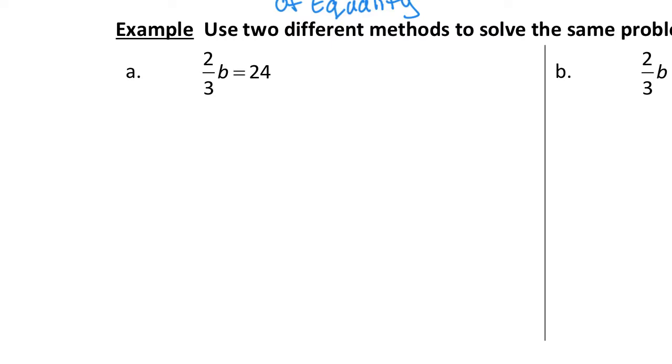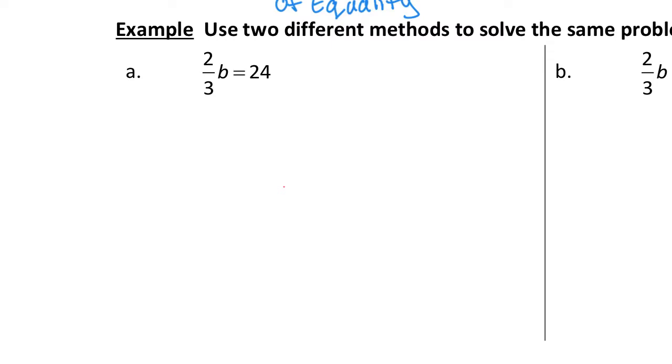For this example, I'm going to show you 2 different methods for solving the same problem. These do become a little bit trickier because we've got that dreaded fraction. I know you hate fractions, but I'm going to show you how to do them. And once you see them, you're going to go, oh, well, those actually aren't too bad.